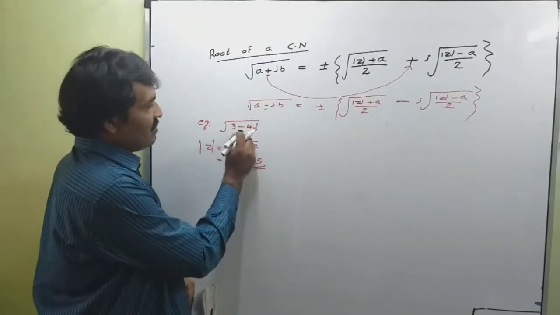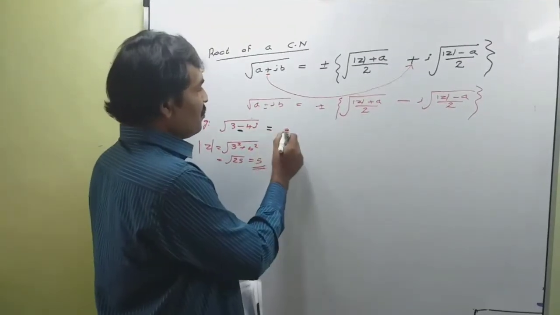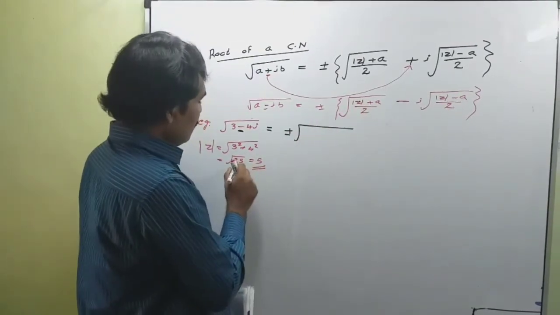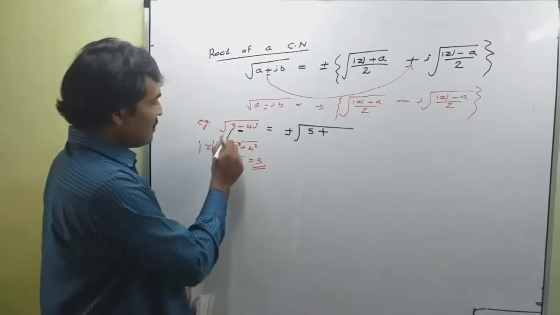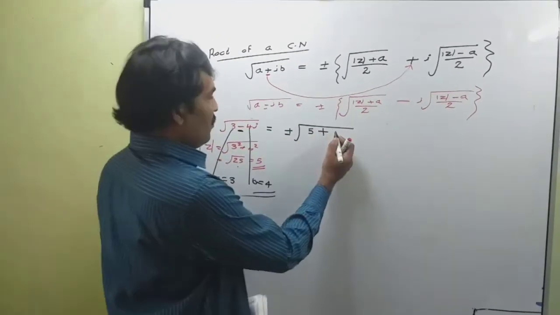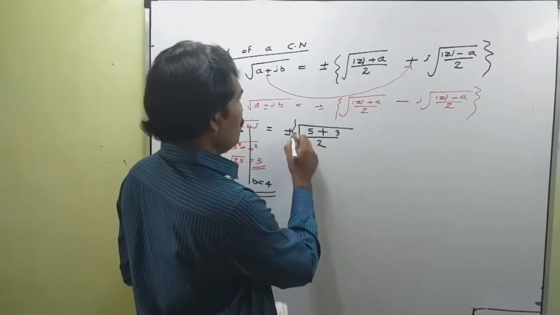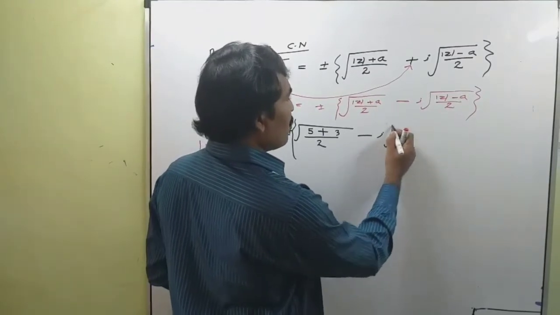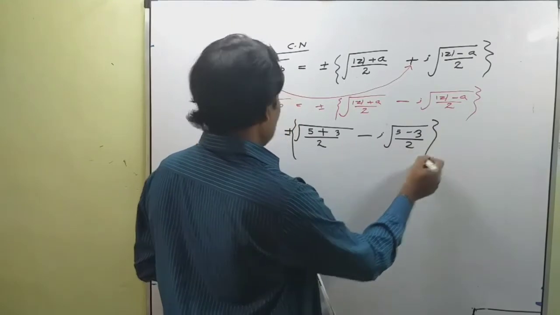So we will write this is equal to plus or minus root of (5 plus 3) divided by 2, minus i into root of (5 minus 3) divided by 2.